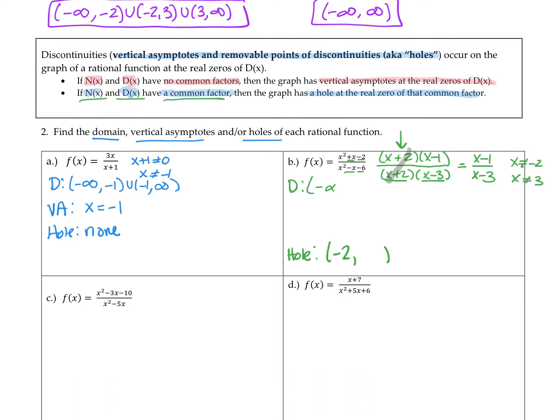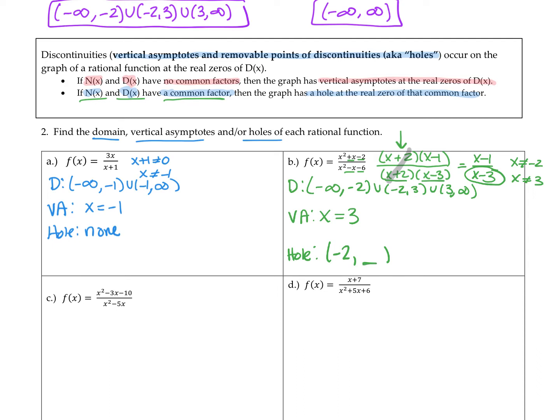So my domain would be negative infinity to negative 2, union negative 2 to 3, union 3 to infinity. And my vertical asymptote would be where my domain is restricted after it's simplified. So x equals 3 is where my vertical asymptote would be.